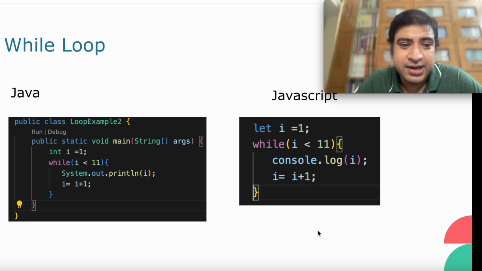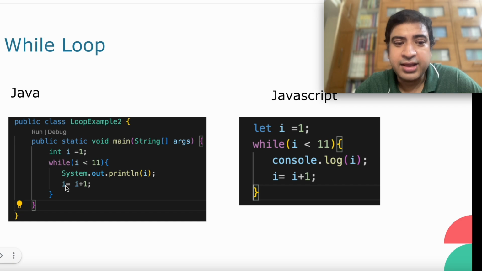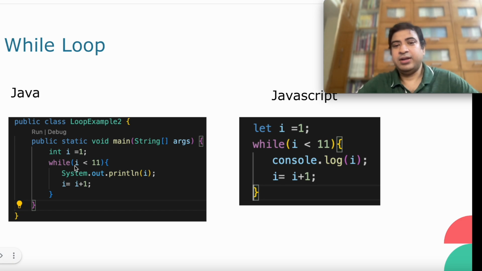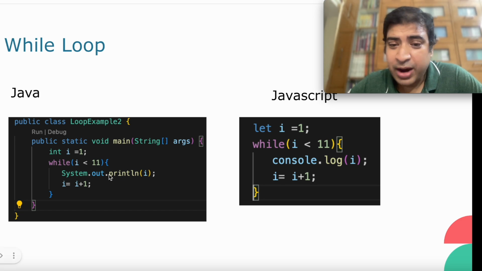So as you can see, I had to instantiate the count as 1, and then within the while loop every time I had to manually increment i to i plus 1, and the condition when the while loop will stop is when i becomes greater than 10. And again, the while loop looks very similar in both Java and JavaScript.